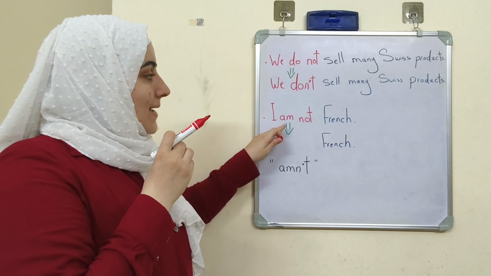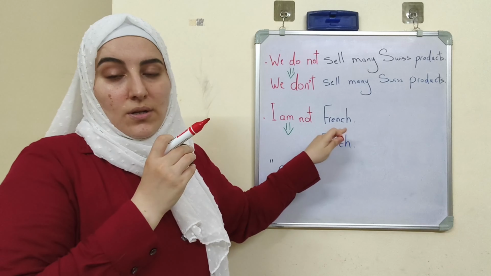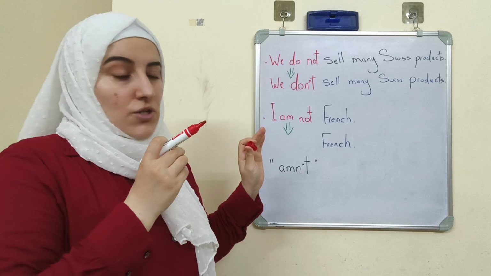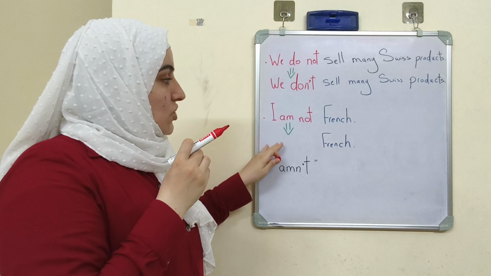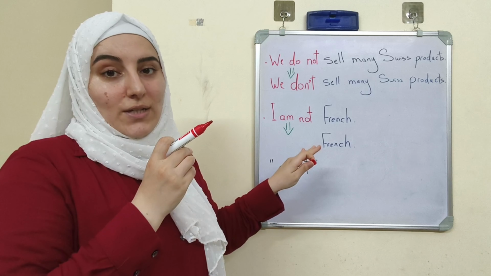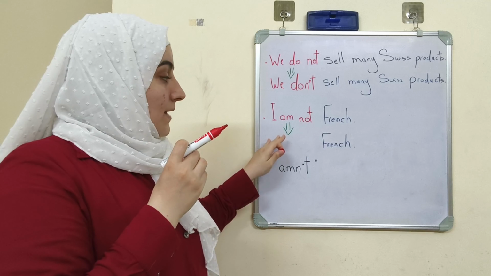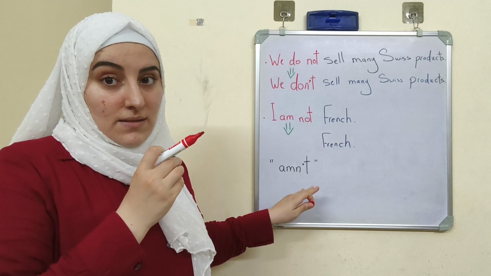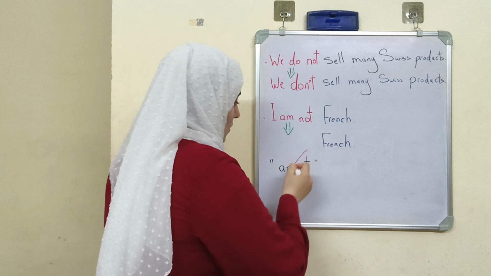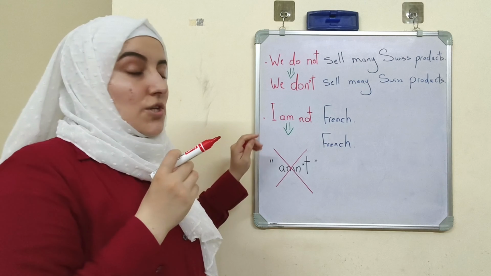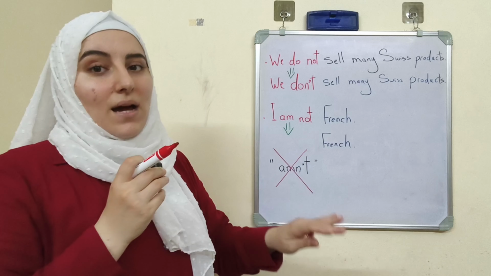Another example, I am not French. How can we change it into a contracted form? Can we say amn't? No, it's a wrong form. We have to say I'm not.